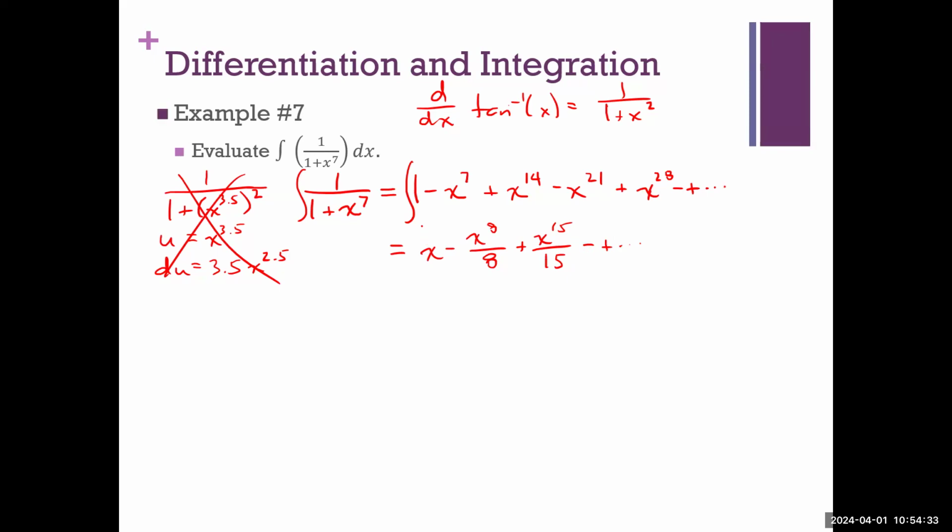I mean, really, isn't this the answer? We asked for an integral of that function, and by first writing that as an infinitely long polynomial, we got that answer. We can't write out all the terms, but technically we have.